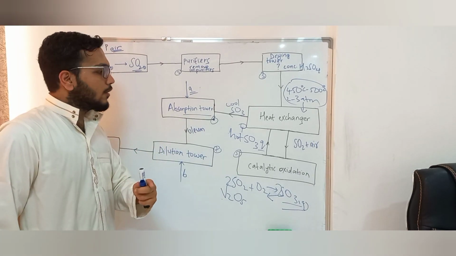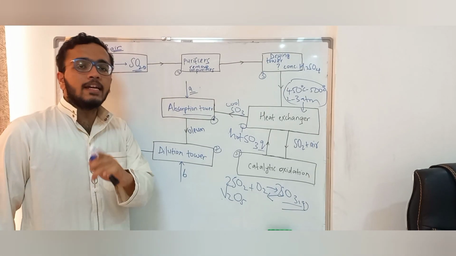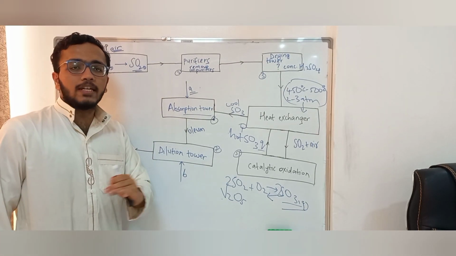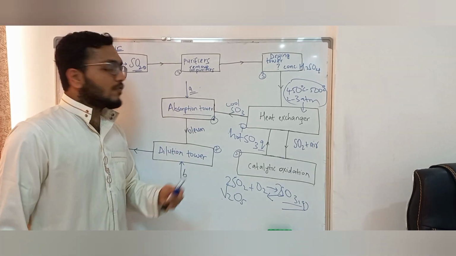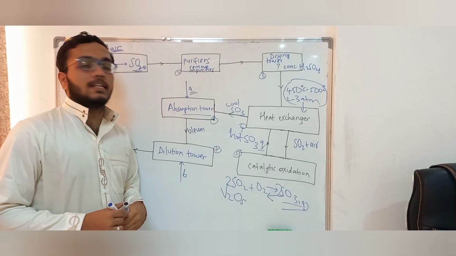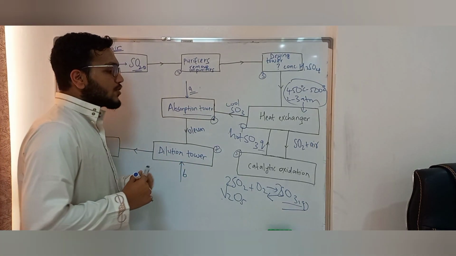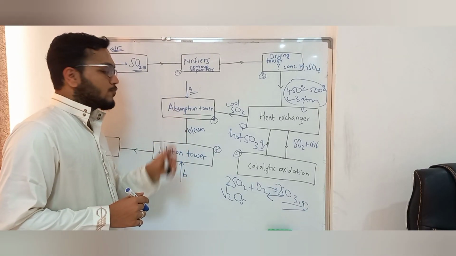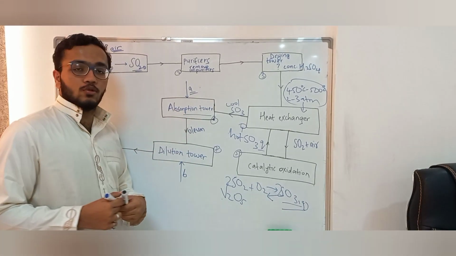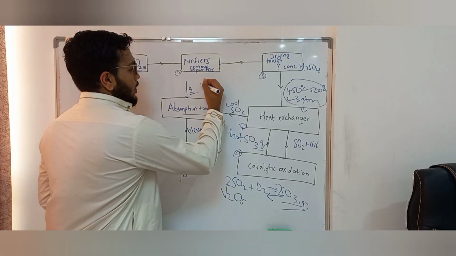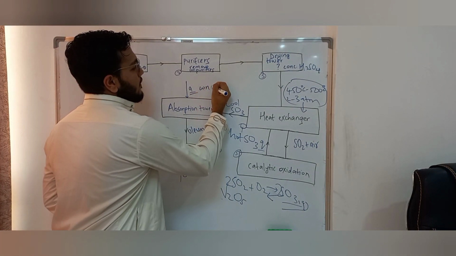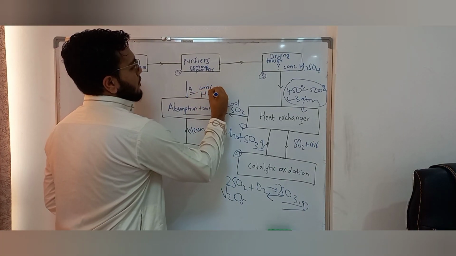Which liquid was that? We said it isn't dissolved in water. Why? Because the reaction is highly exothermic. It will lead to vaporization and formation of acid droplets in air. Now, which liquid are we using to absorb the SO3? Concentrated H2SO4.